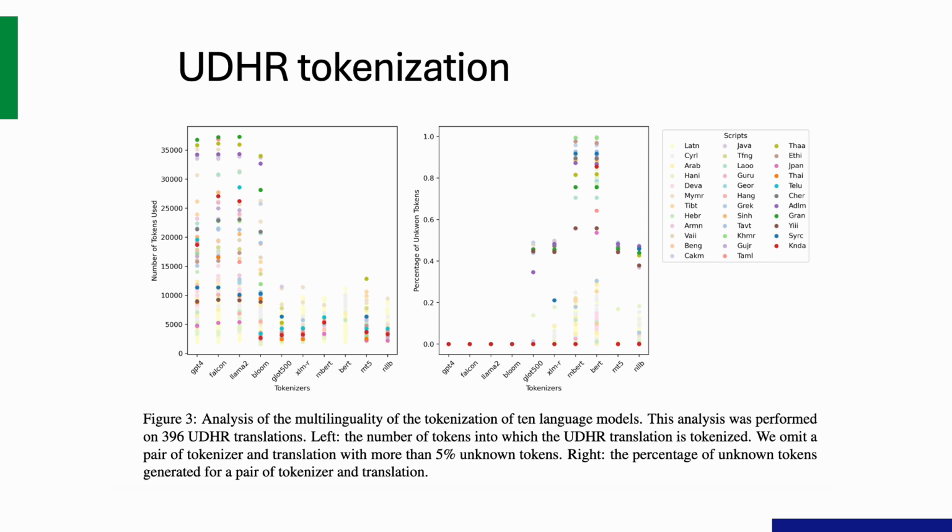In the left figure, we have the actual result, the number of tokens used for each different tokenizer. And as you can see, for the byte level tokenizers, Bloom has a better representation overall. And in the non-byte level tokenizers, GlotScript has a better representation, but it may still produce unknown tokens for the languages it doesn't know.